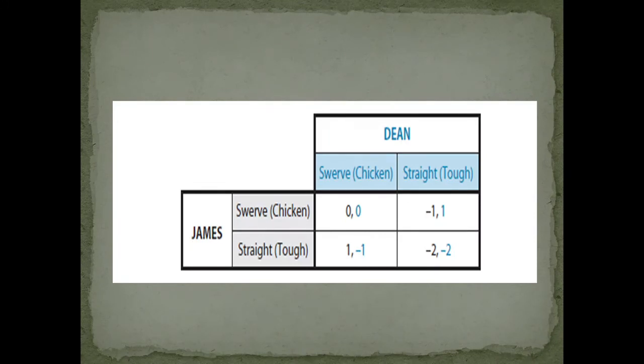So this is a typical game. You can think along the lines of what I have discussed just now. Either both of them can swerve, in which case they're both chickens, but when both of them are going straight at each other, being tough and bold, they end up at a worse outcome.